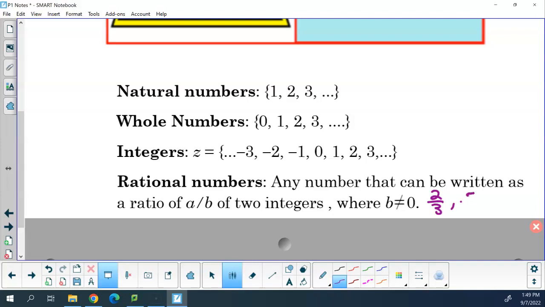I'm going to go with 0.5, because we can write that as what? Okay. Give me a number that's rational, that's not a fraction, that's not a decimal.